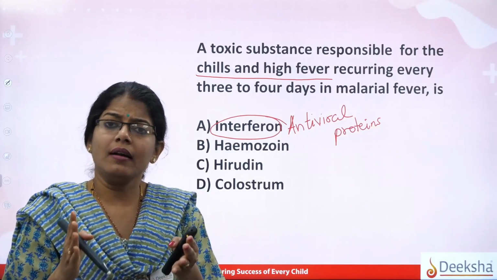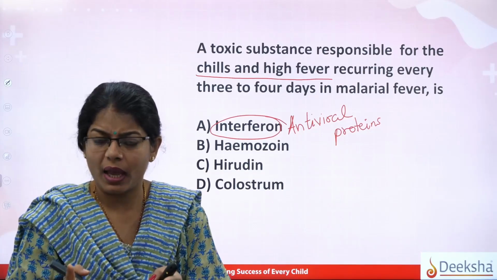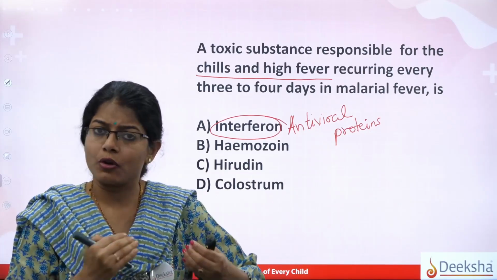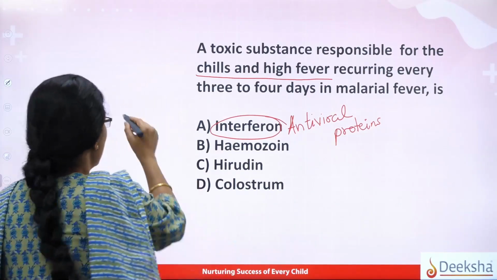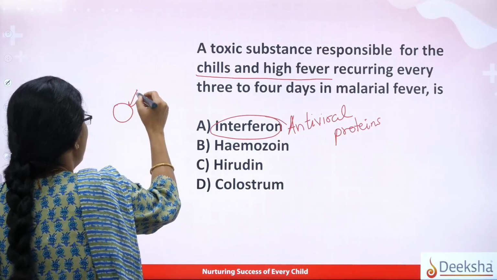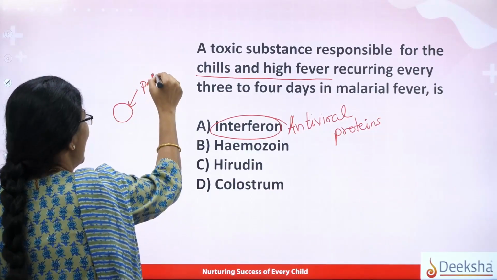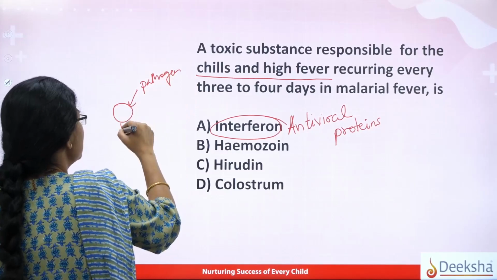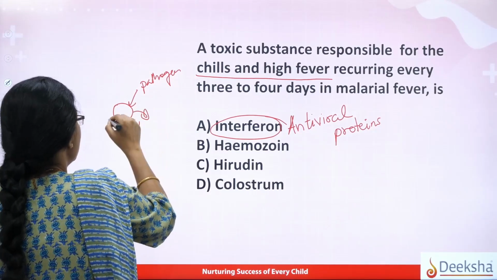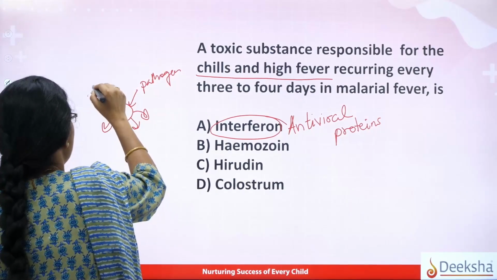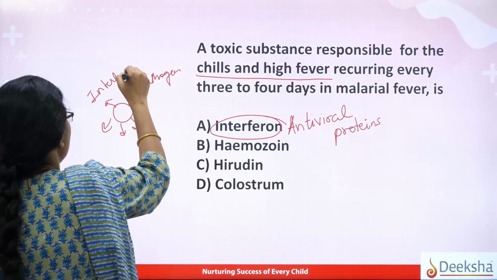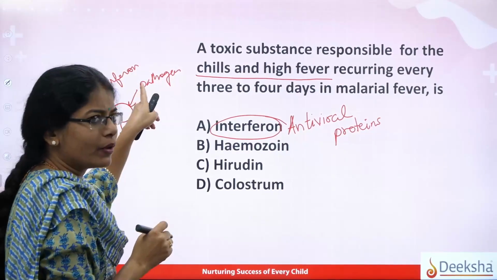You know, there are viruses which will infect the normal cells. Once the cell is infected by some pathogen or virus, this normal cell will produce a certain chemical in response to the pathogen, and that is called interferon.